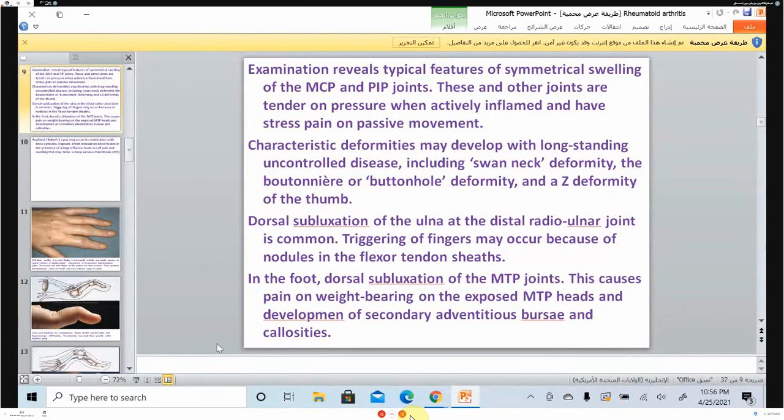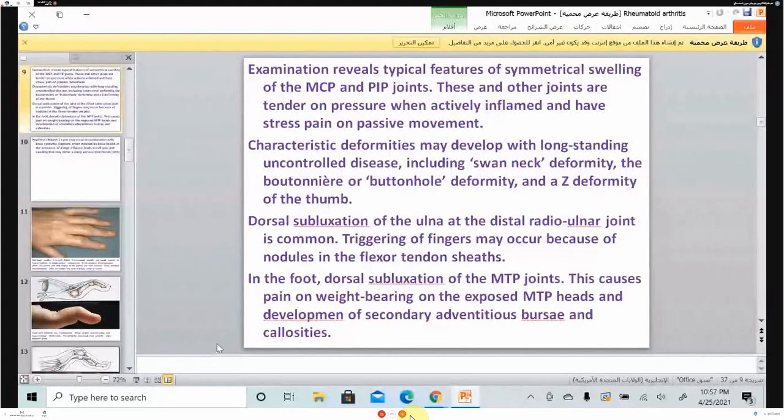Characteristic deformities may develop with long-standing uncontrolled disease, including swan neck deformity, the boutonniere or buttonhole deformity, and a Z deformity of the thumb. Dorsal subluxation of the ulna at the distal radio-ulnar joint is common.